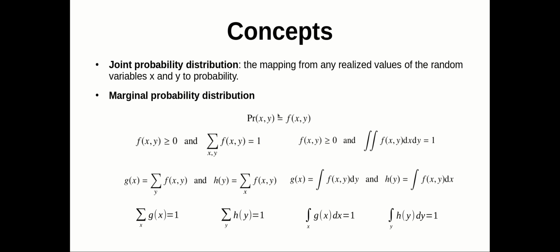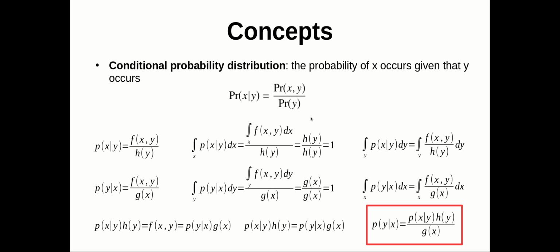For joint probability, it is the probability of both x and y occurs, right? But here you have some kind of dependence now. It is the probability of x occurs given that y has already occurred.